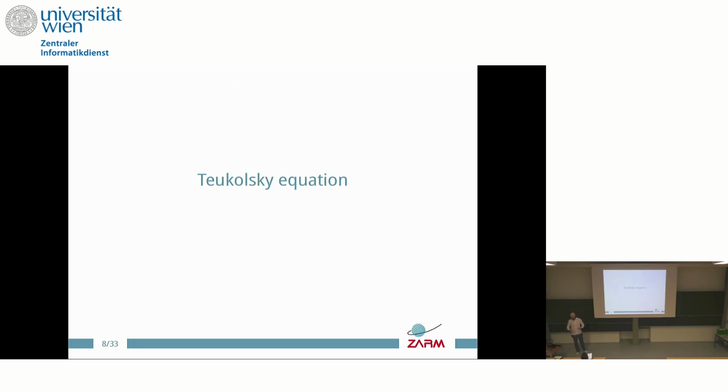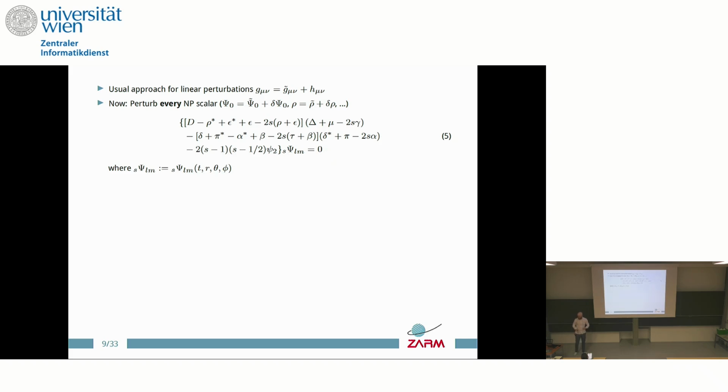The calculation of the Teukolsky equation is pretty rich in steps, so I will really tune it down to the most important parts. A usual approach for perturbations is using a linear perturbation of the spacetime. However, in the Newman-Penrose formalism, it is possible to reformulate the metric in many scalars and functions and identities.